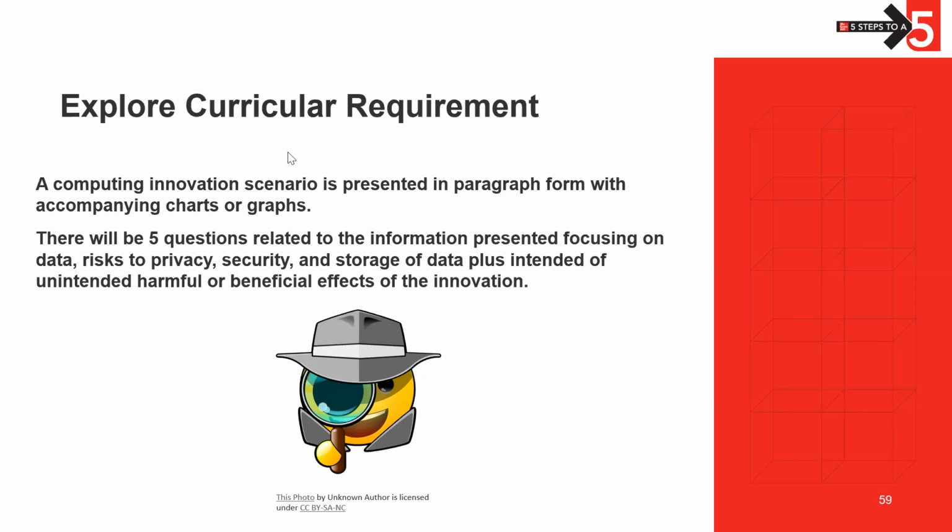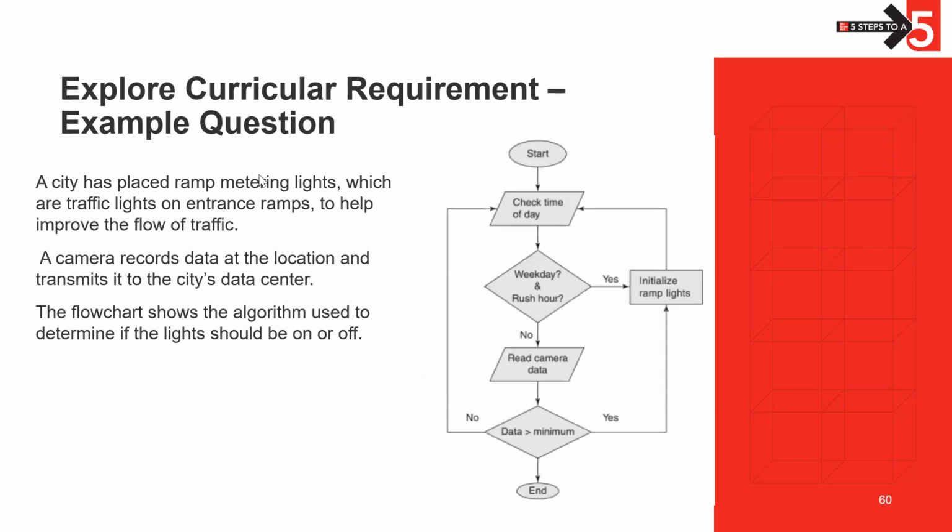So let's have a couple of sample questions and a scenario for you to look at here. So here is a practice question. I'll let you read that. Okay, and then you see the flow chart here is saying, check the time of day.